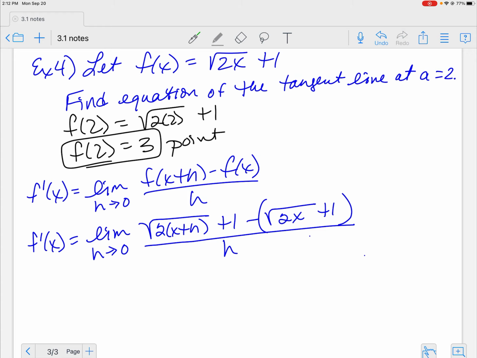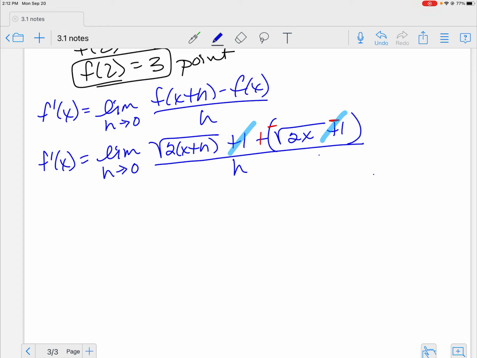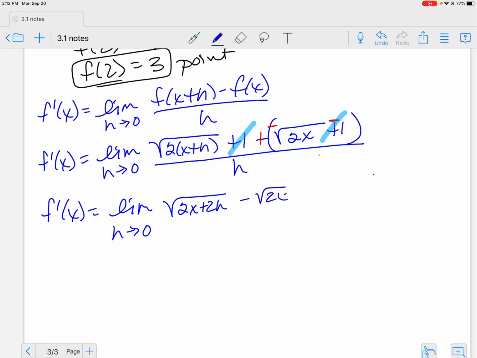Distribute this negative sign. And what do you see happens right off the bat? Yeah, plus 1 minus 1 cancels out. That's nice, right? Okay, so let's rewrite this here. And I'm left with f prime of x equals the limit as h approaches 0 of the square root of 2x plus 2h minus the square root of 2x all over h.